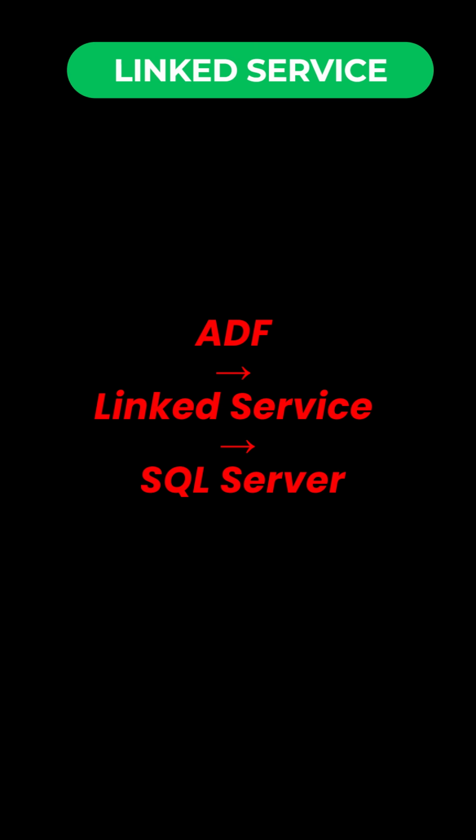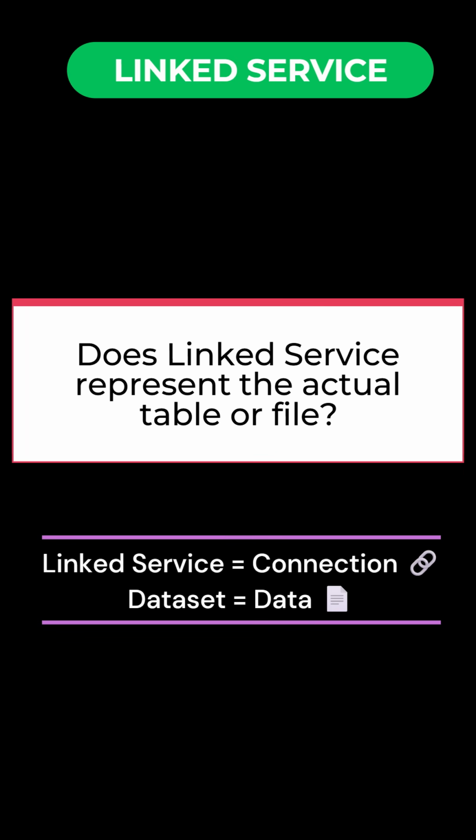Now, here is an important interview question: does a linked service represent the actual table, file, or data that you want to use? No. A linked service defines how Azure Data Factory connects to the source or destination. A dataset represents the specific data structure or location that you want to work with.